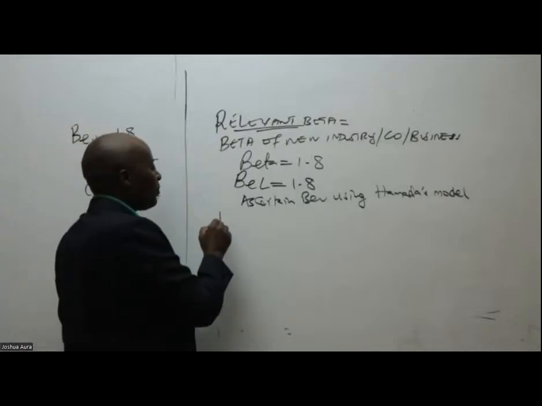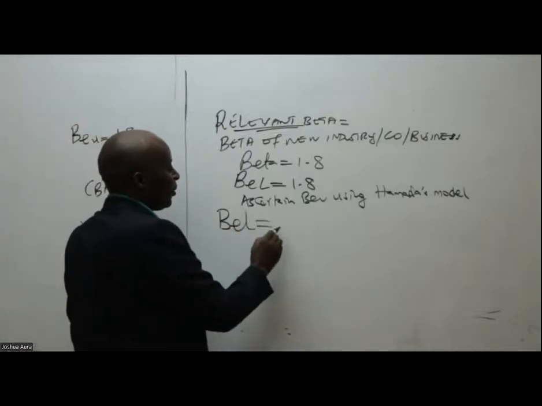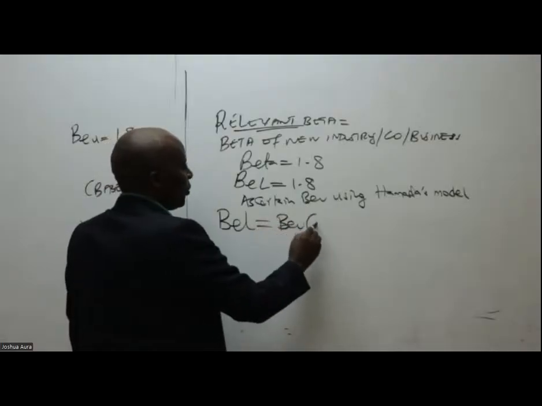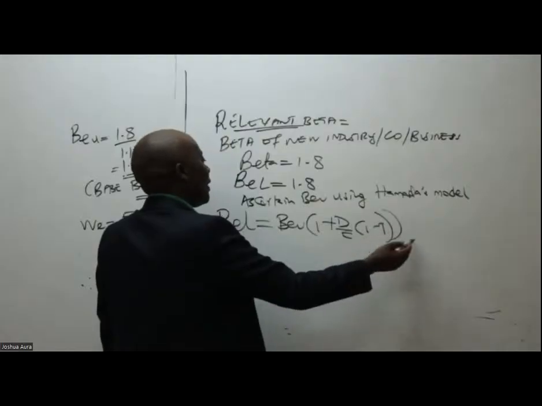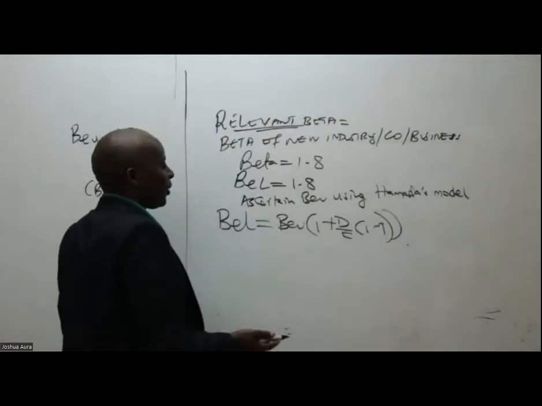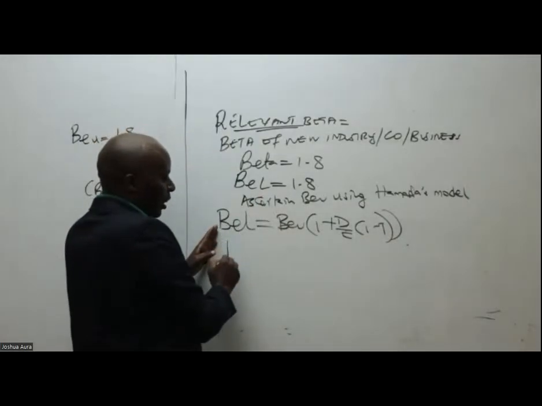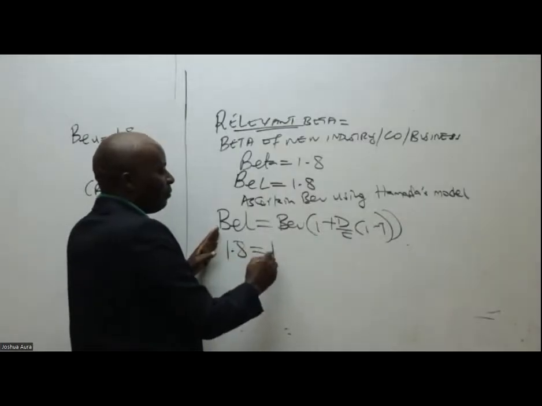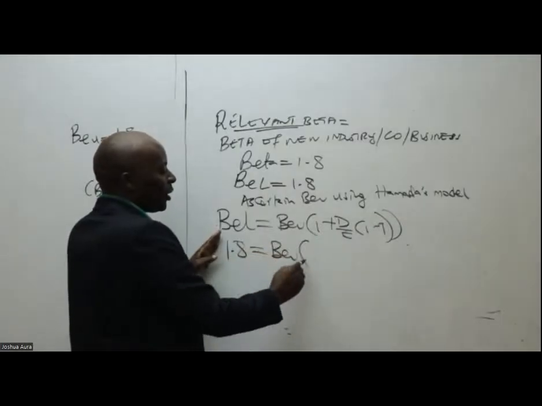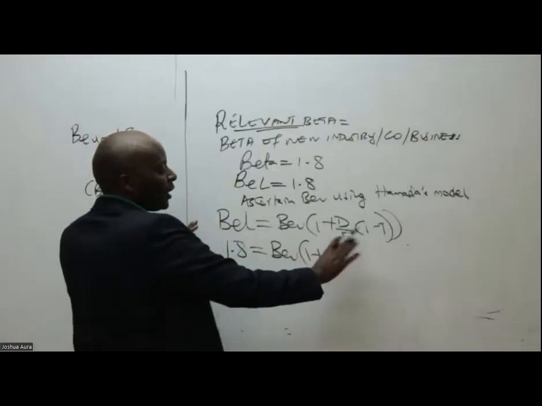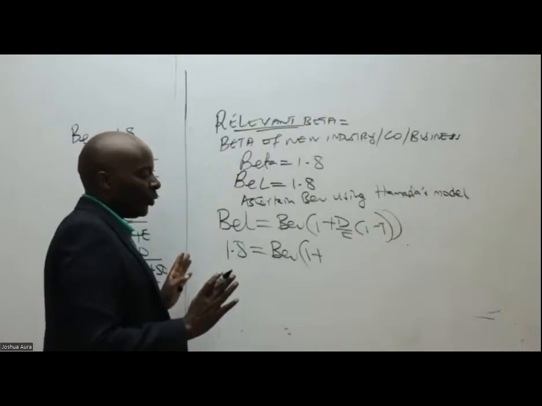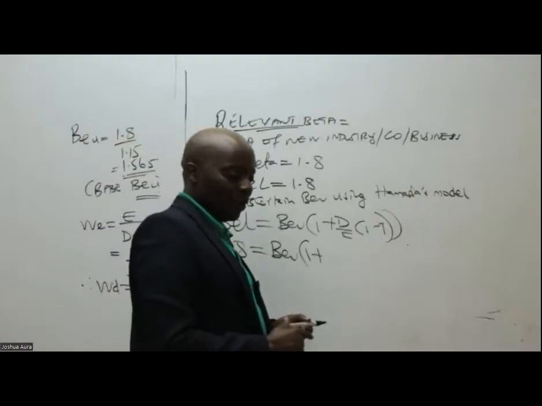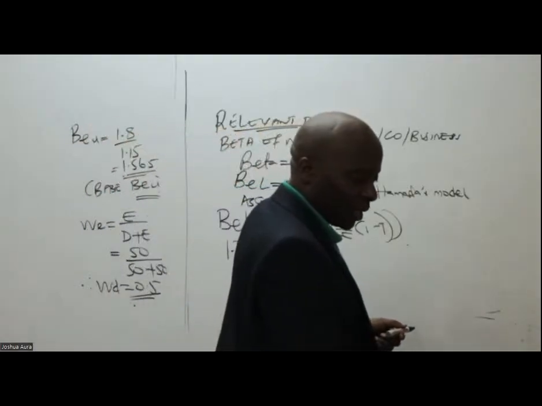This is how Hamada's model looks: BEL equals BEU into 1 plus debt to equity ratio, times 1 minus tax. Whatever we have here is our BEL, 1.8. BEU is what I'm looking for, into 1 plus, and remember everything here is about the new business, the new industry.